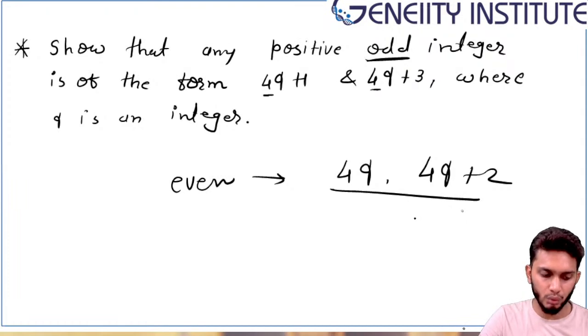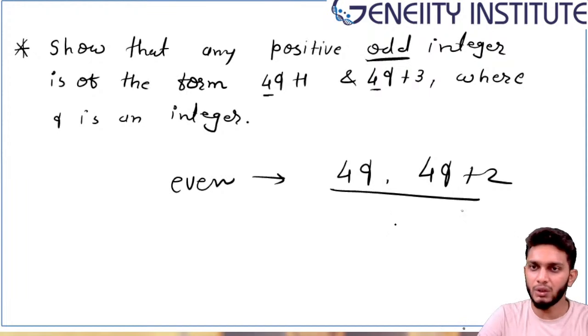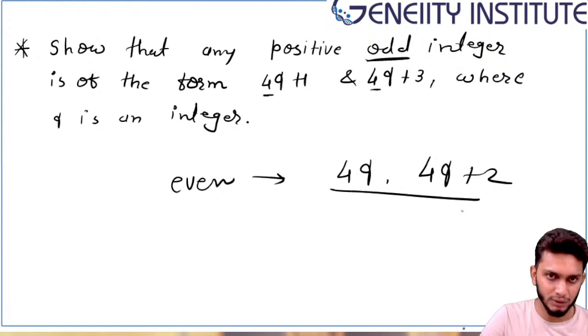If they don't want to ask in the form of 6q+1, 6q+3 and 6q+5, they can ask 4q+1 and 4q+3. If they don't want to ask about odd integers, they can ask about even integers also: any even integer is of the form 4q and 4q+2. So be prepared for that also.